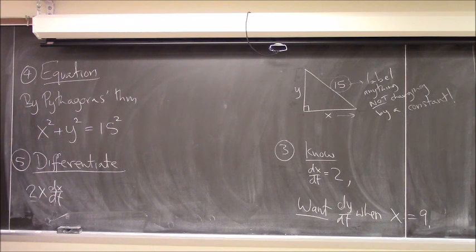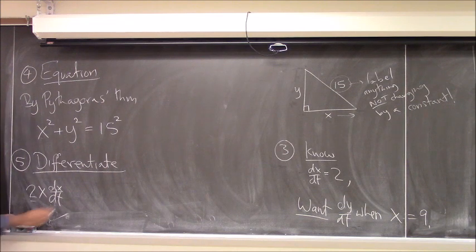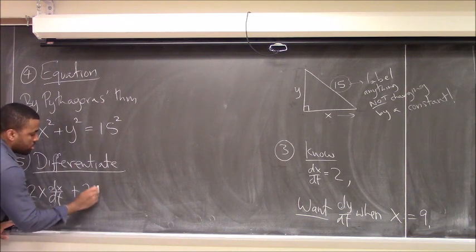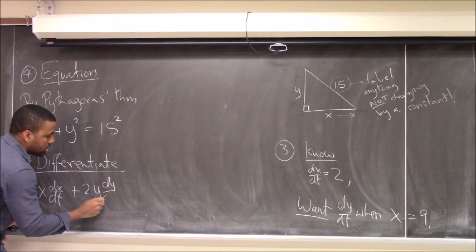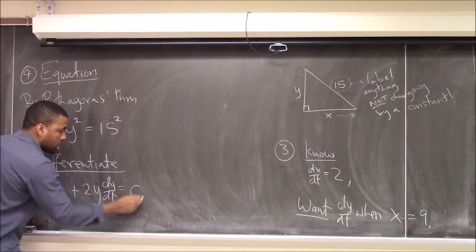Now the difference here is that t is our input variable, so don't mix this up with what we were doing before. When we differentiated x, we didn't have to do anything. In this case, we have to do something because x is not the input here. t is always the input, and so when I differentiate by x, I need to multiply by x prime. Plus this guy, very similar, is going to be 2y times dy/dt. The derivative of 15 squared? 0, because it's a constant.